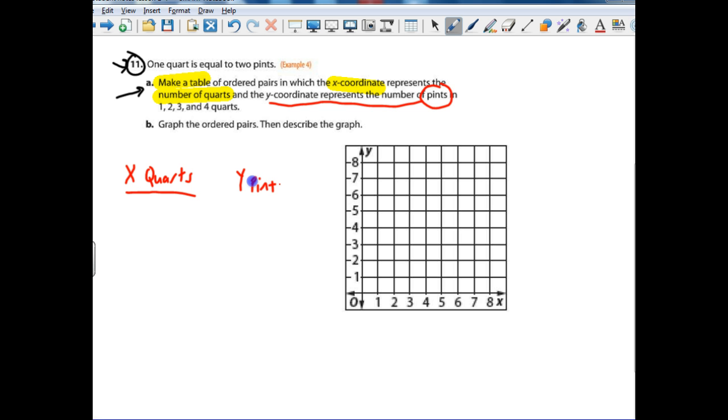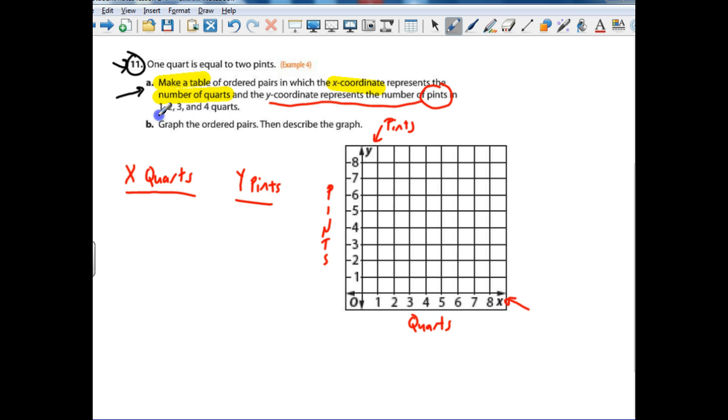Now when they say x and y, you see this y over here? Those are the pints. So we label our axis this way, pints. And then the x-axis here, they tell us those are the quarts. So you should label that. Maybe it'll make more sense to you.